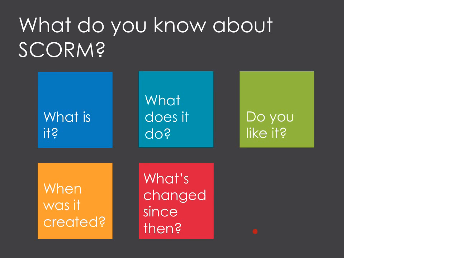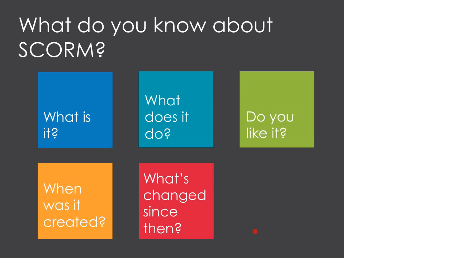SCORM's also quite old. So when was it created? Originally created back in 1999. The most commonly used version of SCORM is SCORM 1.2, and that was released in 2001. So really a long time ago. We're talking nearly 13 and a half years ago now. If you think, the world has changed quite a lot since then. Mobile internet, social media. I think Facebook probably existed, but probably wasn't used that much.